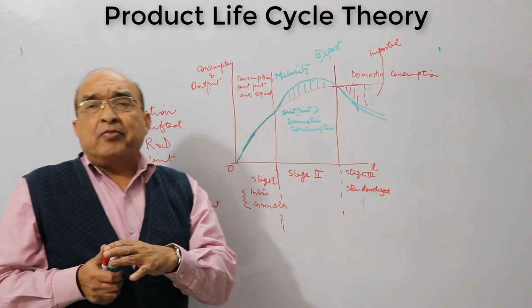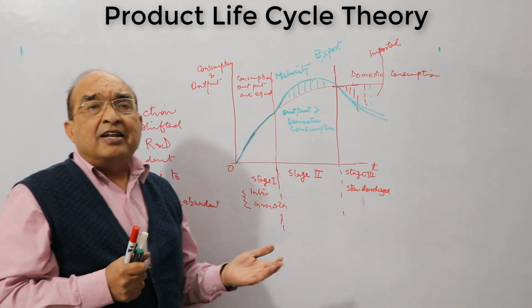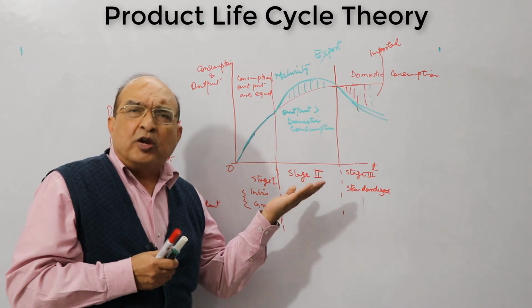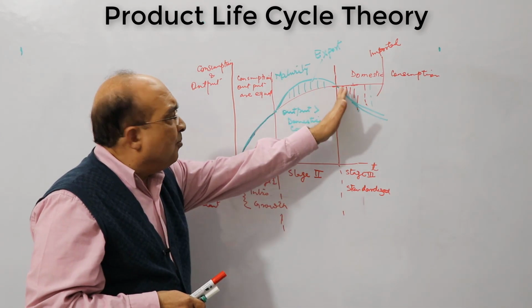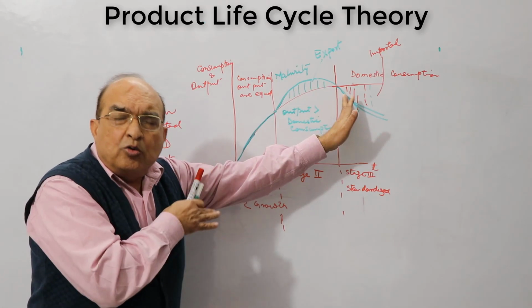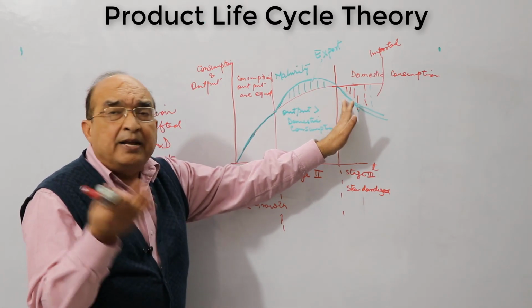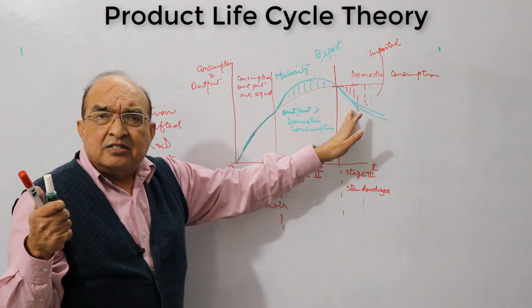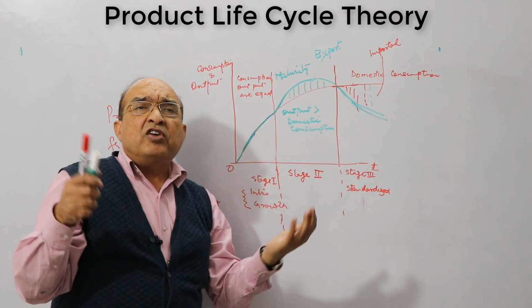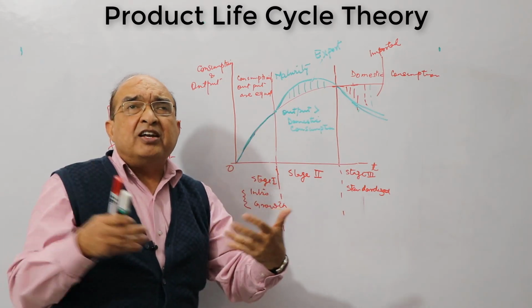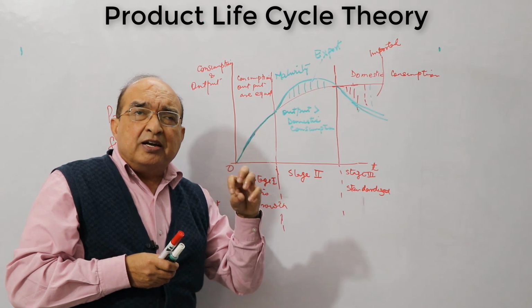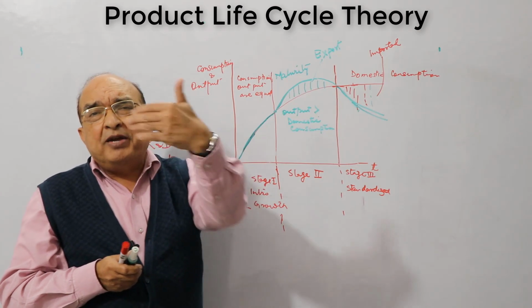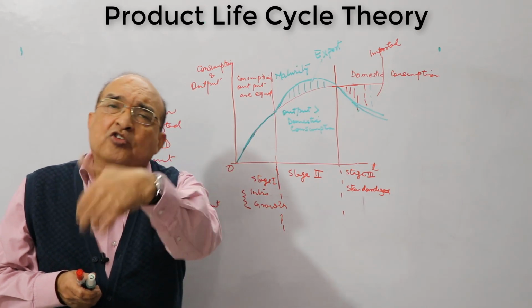Now the only course for that country to increase the employment rate is to invent new products, and that process goes on. This is the time when the developed country, or the country where the good was originally invented and introduced, would no longer be interested in producing it. Or the product could be one where they would continue to spend only on research and development, and they would get the good outsourced from some other country.